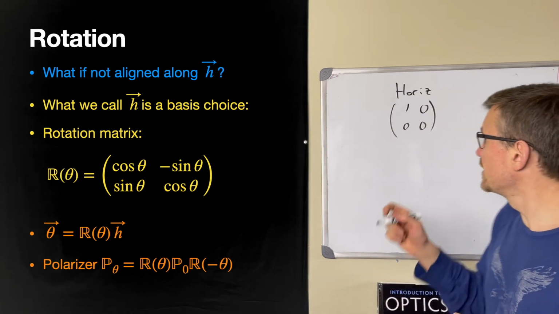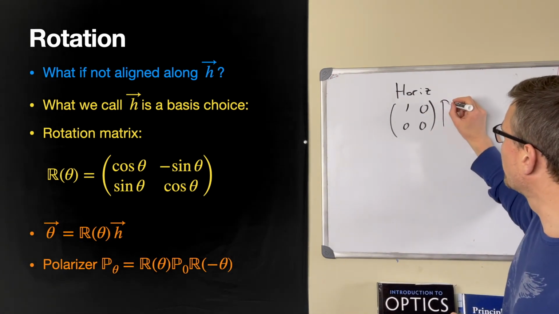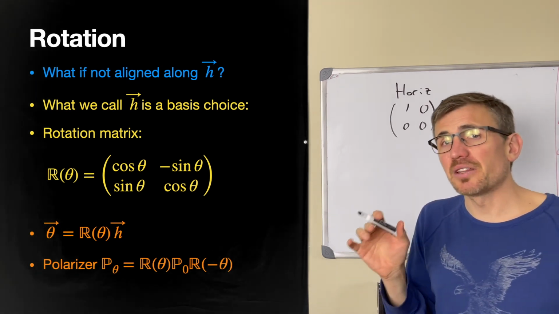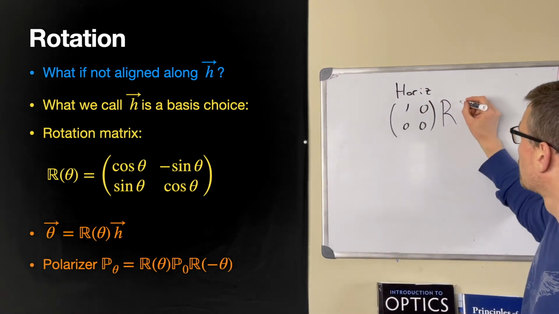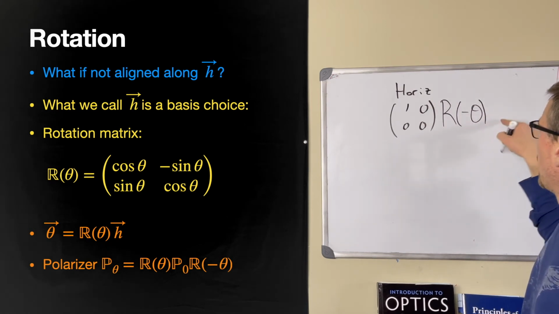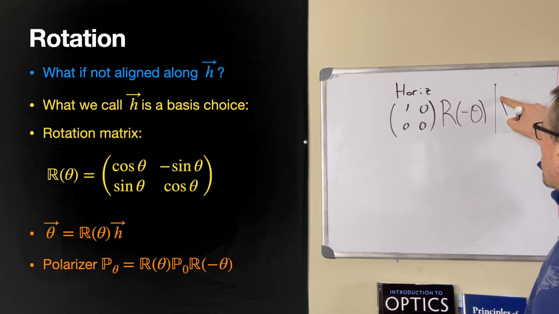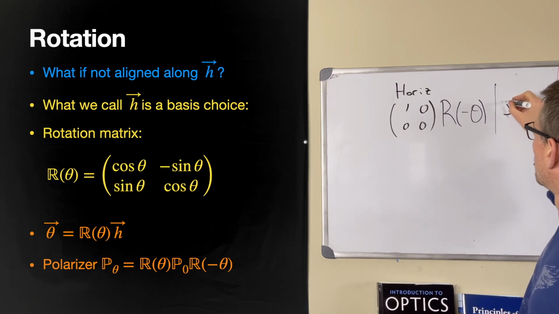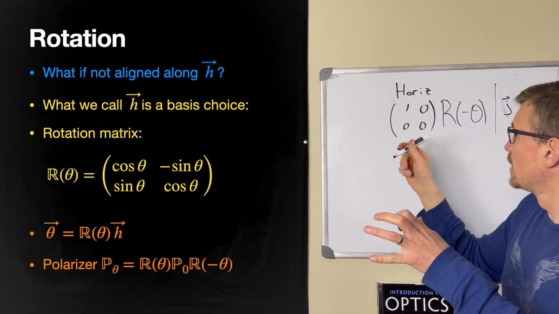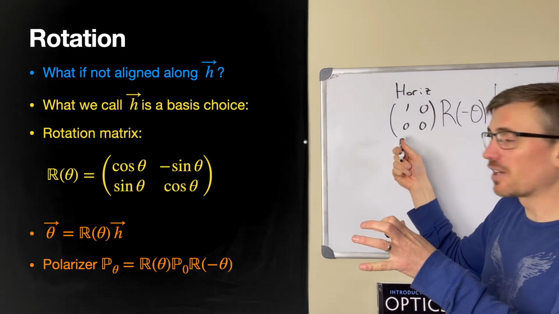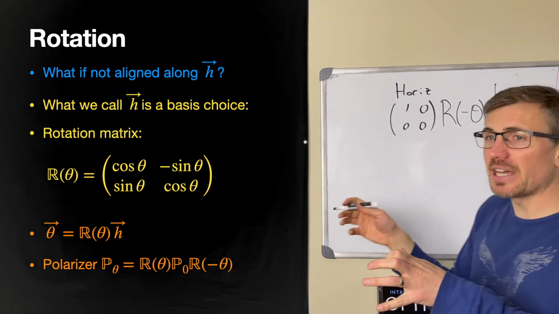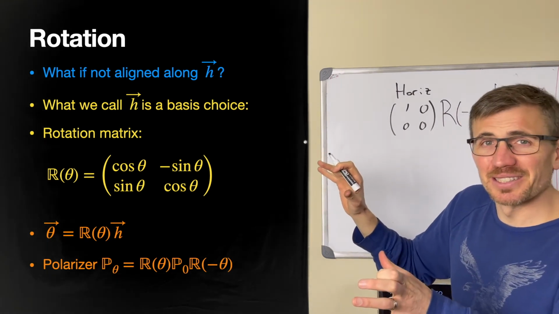We change bases, we rotate our light into the basis where our polarizer is perfectly aligned. So that's going to act on our Jones vector, whatever it is. Okay, so we're rotating our whole basis into a particular basis angle where this whole matrix is very simple. And this gives us the answer in that new basis, all right?